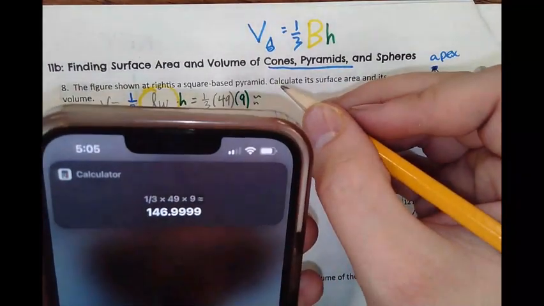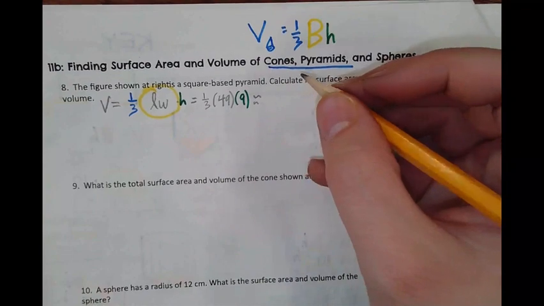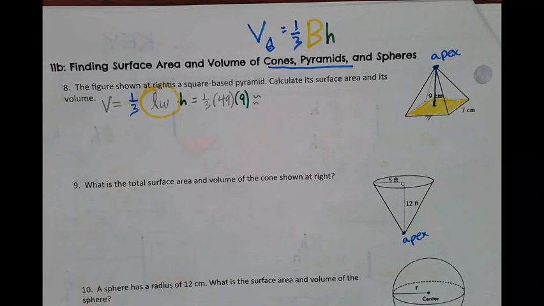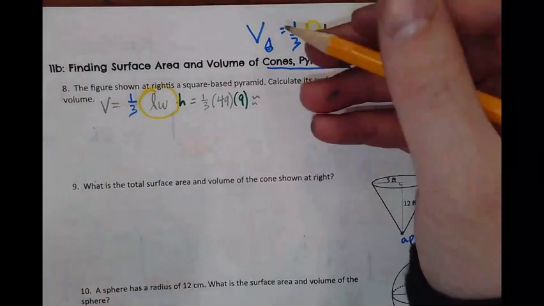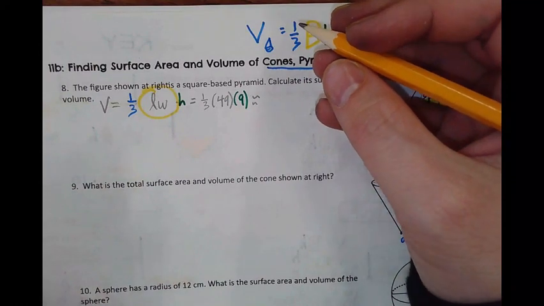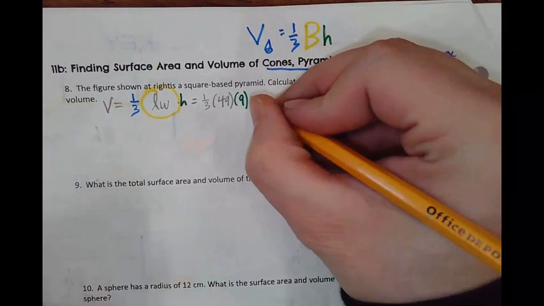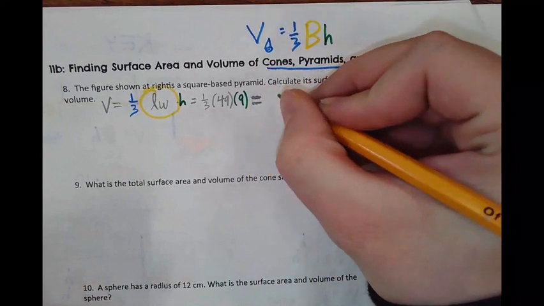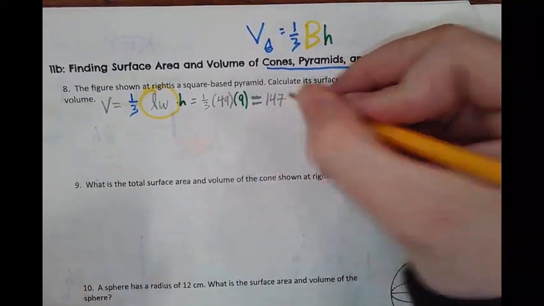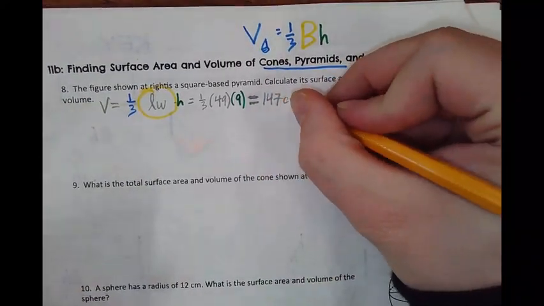The answer is going to be 146.999. Is that true? Let's try again. 49 times 9 divided by 3. That would be 147. There we go. Now that's more like it. The answer is going to be 147 centimeters cubed.